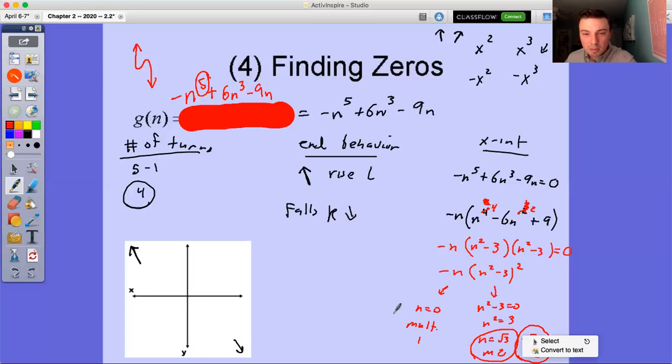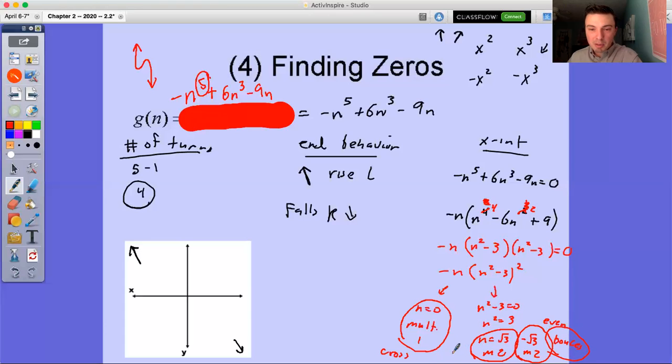So those are our 3 zeros. And notice how we have one odd multiplicity, which means it'll cross here, and 2 even multiplicities, which means it'll bounce at both of these.